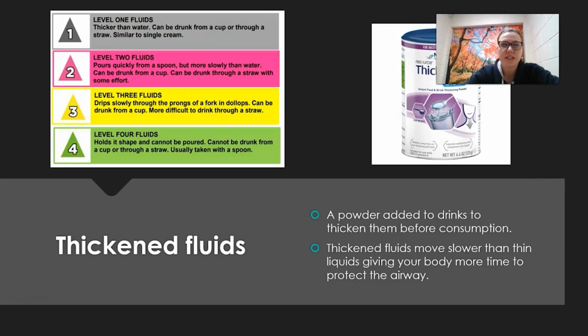The speech and language team will probably try different drinks with you and let you know which level they recommend. But basically, the thicker that you require your drink, the more scoops of thickener you add each time. But there will be instructions and they'll provide you with all information about that.